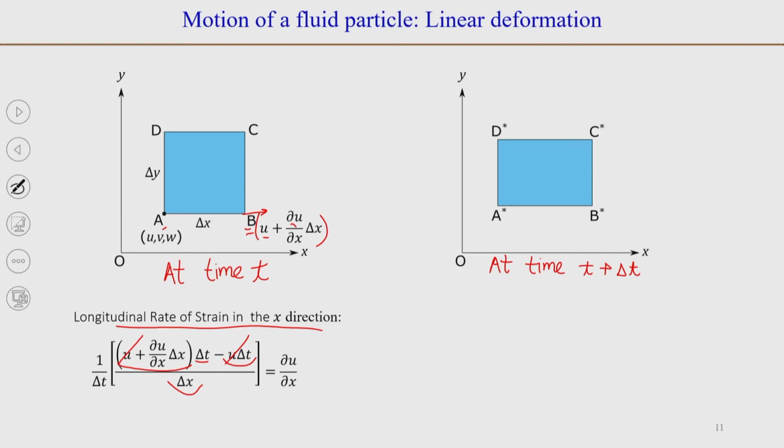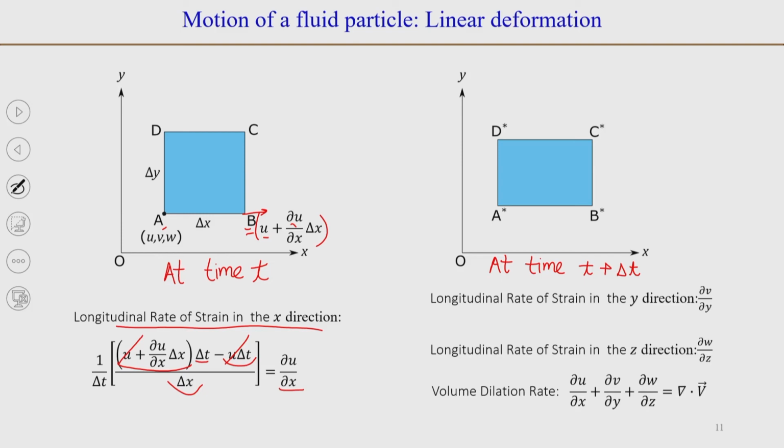When we divide it by delta t, we will get the rate of strain. So, the rate of strain in the x direction will be dou u by dou x. Similarly, we can find the longitudinal rate of strain in the y direction will be dou v by dou y, and the longitudinal rate of strain in the z direction, dou w by dou z.